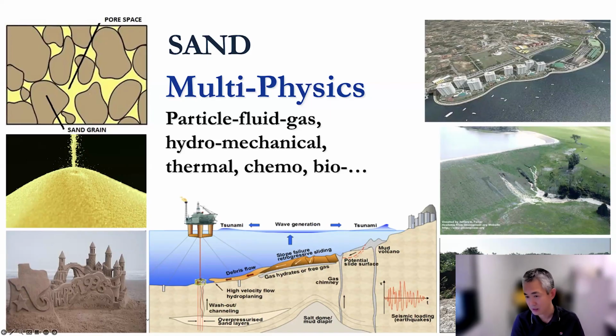This example at the bottom is one I showed here. After the piping formed, you basically make the whole dam collapse.